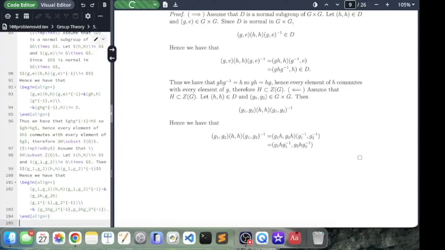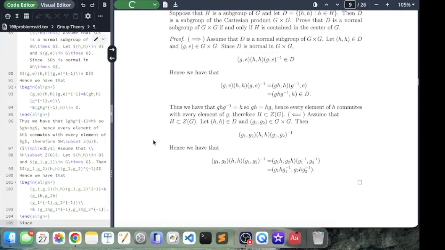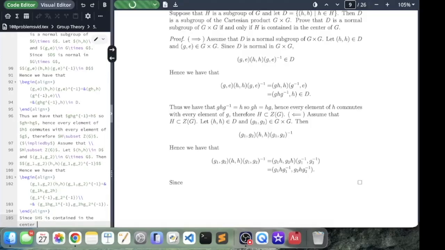Now we want to use what we assumed, which was that H was contained in the center of G. Since H is contained in the center of G, we have that g1 h g1 inverse is just equal to h, because, like before, this above is essentially just saying that.